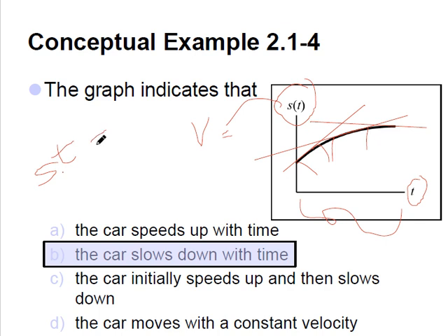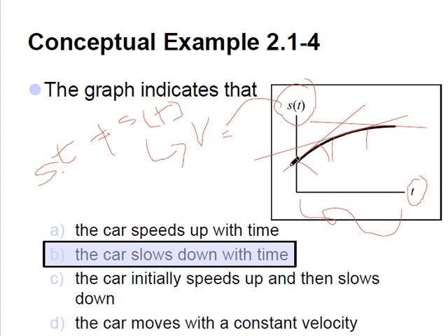S times t means position times t, while S(t) means position as a function of time. You're looking at velocity over time.